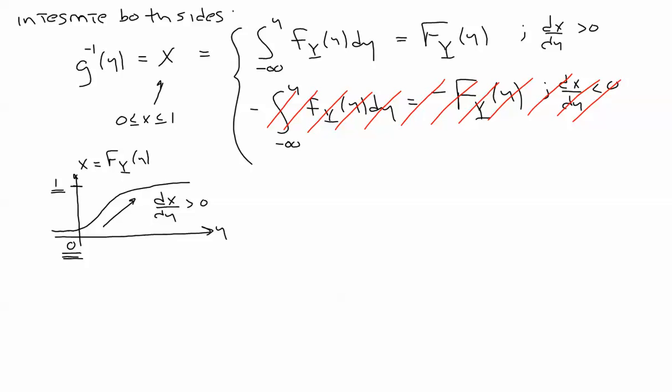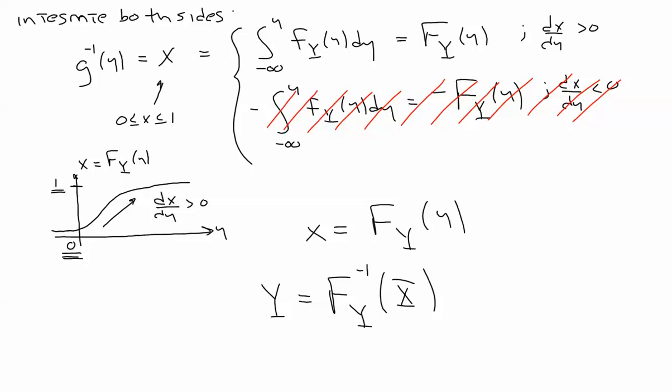All right. So x equals the cumulative distribution function for y. Conversely, I can write my transformation function as y equals the inverse of the cumulative distribution function, evaluated at x. That is my final result. And of course, x is always uniform on 0 to 1.